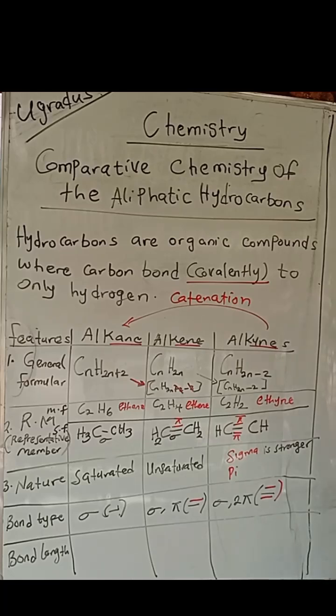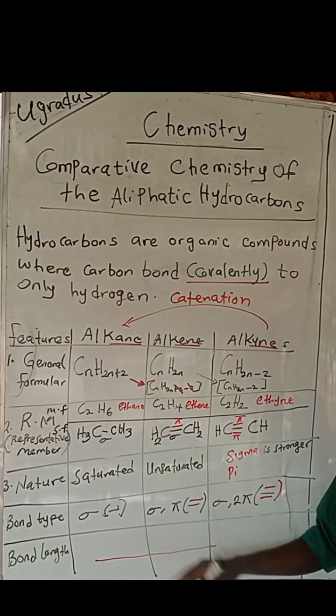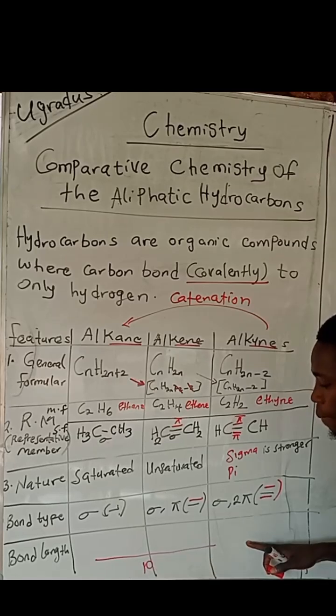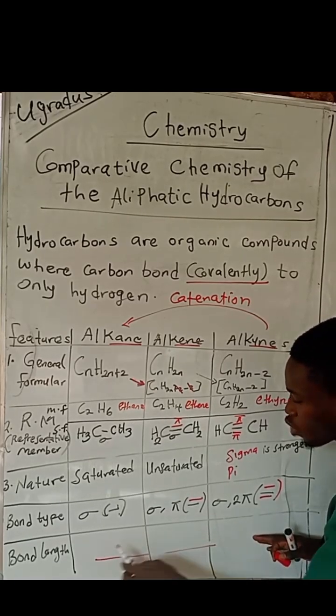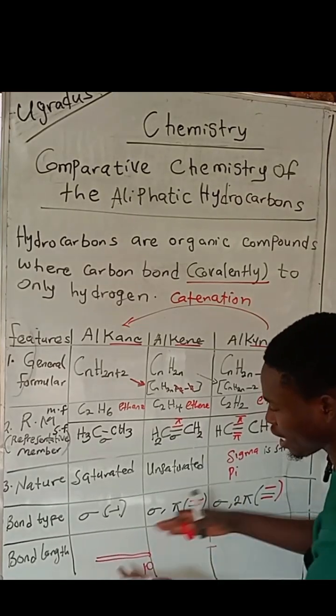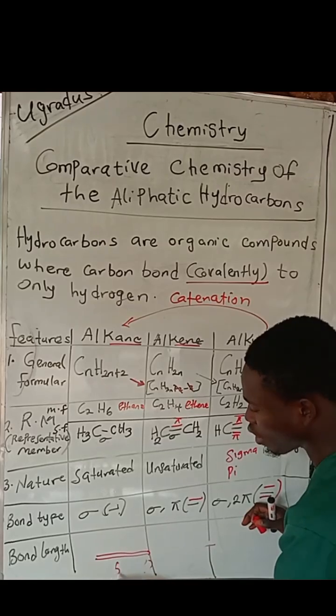In terms of bond length, you can answer that for yourself. Which one do you think has the longest bond length? Why? Because alkane is a single rope string. Let's say you have a long rope. When the rope is not coiled, it is long, let's say 10 meters. By the time you double the rope and curve it together, you see that the 10 meters will reduce to 5 meters.